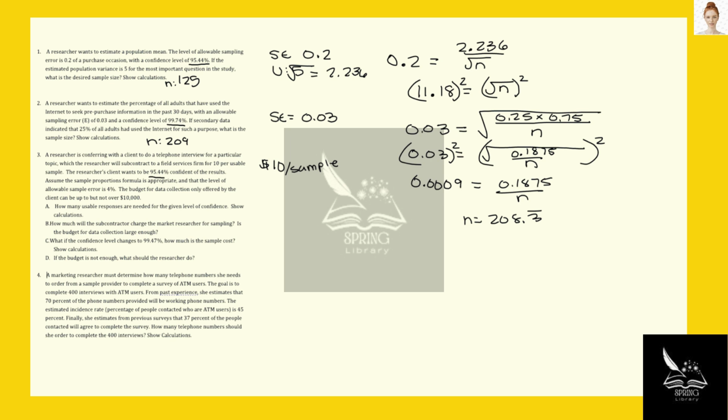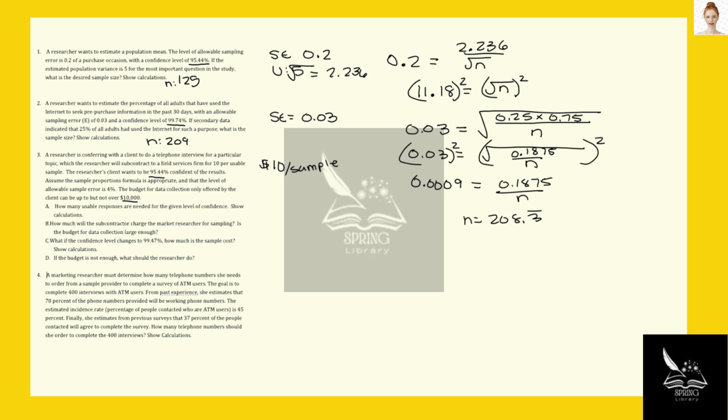Assume the sample proportions formula is appropriate and the level of allowable sample error is 4%. The budget for the data collection offered by the client can be not over $10,000. How many usable responses are needed for the given level of confidence?